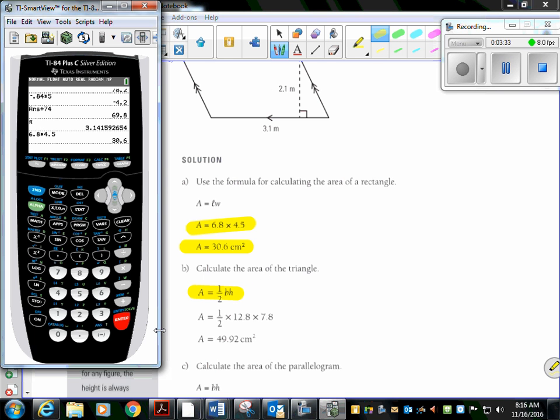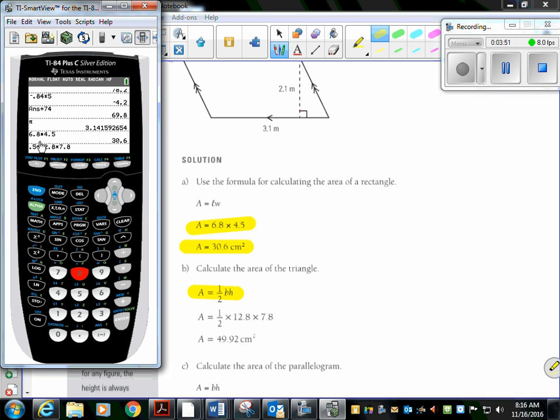I'm putting that into my calculator. I can either do 0.5 because I know 1/2 stands for 0.5, or I can type bracket 1 divided by 2 bracket to stand for 1/2.